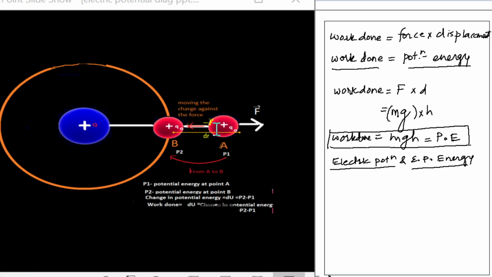So to cover this small distance dr, a force is required, and that force should be the same in magnitude and opposite in direction to the electrostatic force, because there is a repulsion between these two charges, and that repulsive force is the electrostatic force of repulsion, denoted here by F. So we are applying a force which is the same in magnitude but opposite in direction.